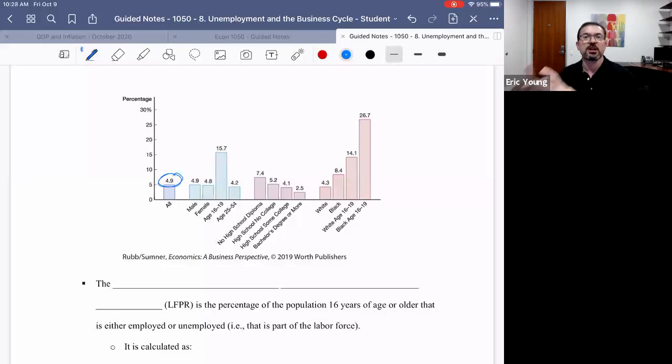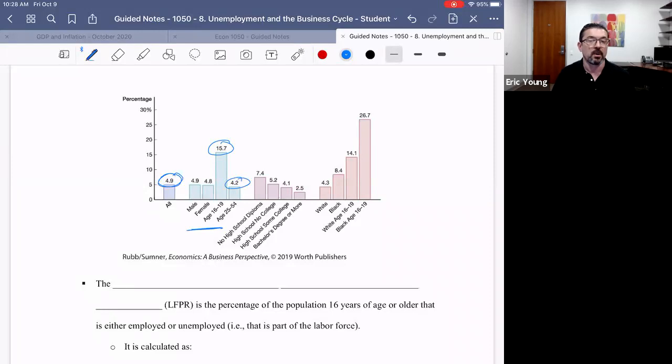There's variation geographically, with some areas having chronically high unemployment. There's differentiation across gender, across race and ethnicity, and across age. So for example, you see here that male and female, about equal. But look at the difference here between the unemployment rate for 16 to 19-year-olds and that of 25 to 54-year-olds.